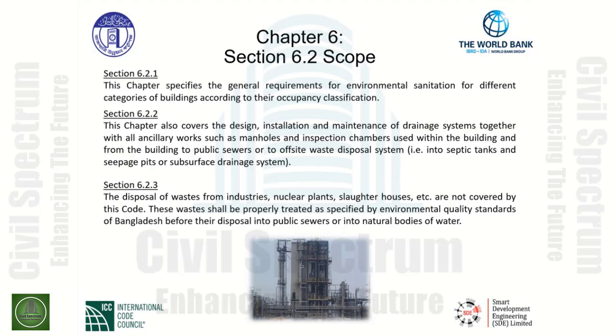It also covers the design, installation, and maintenance of these drainage systems, as well as the omission of industries, nuclear plants, slaughterhouses, etc., which are not covered by this code. So this section gives us the driving language to understand when we are in the code or out of the code with respect to our applications.